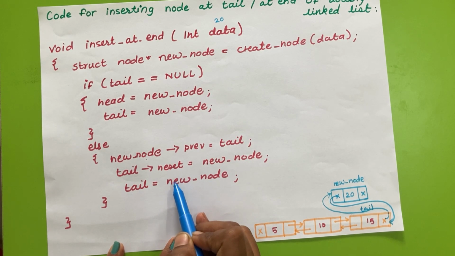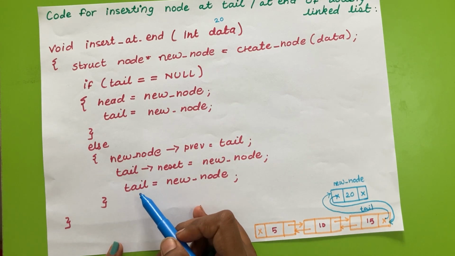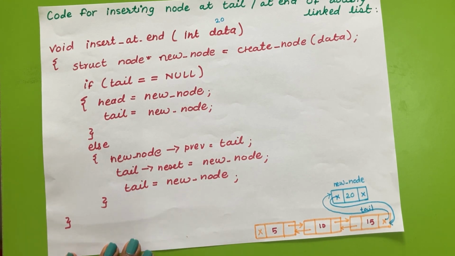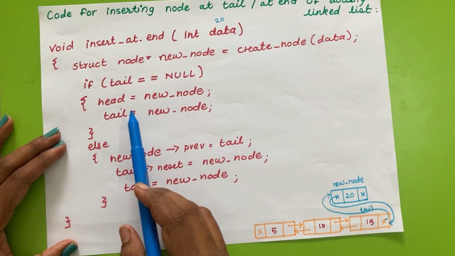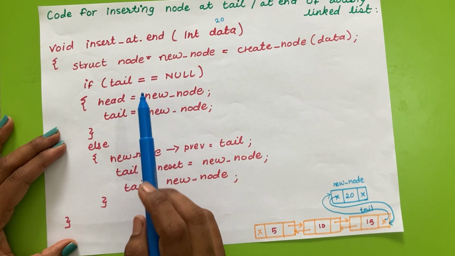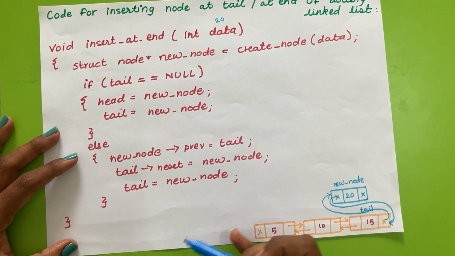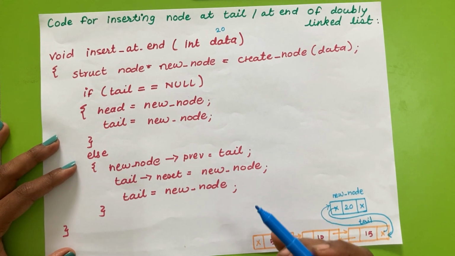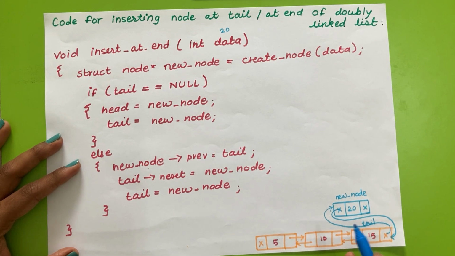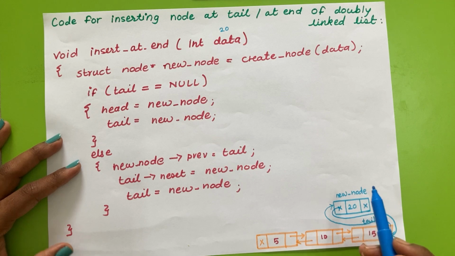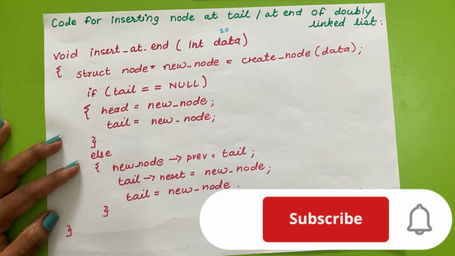So we copy the new node into the tail node, or we assign the new node as the tail node. Okay, so here we have checked first whether the linked list is present or not, and if not, then what changes we have to make in the addresses stored in the existing node as well as the newly inserted node.